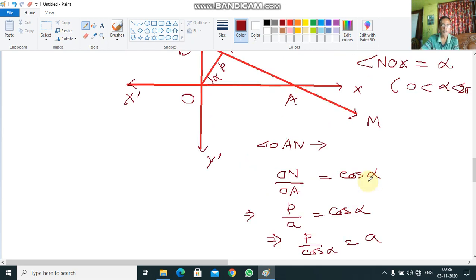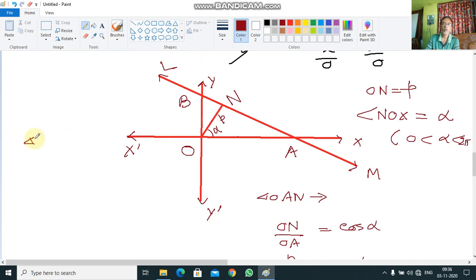Similarly, from triangle OBN, we get ON by OB is equal to sin alpha. Since angle NOA is equal to alpha, angle BON must be pi by 2 minus alpha.